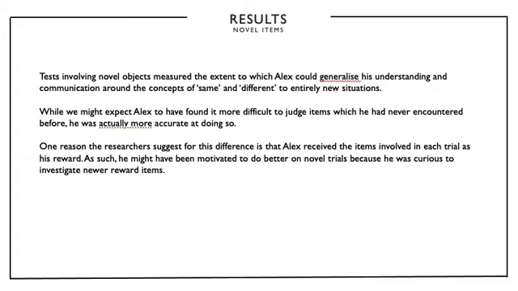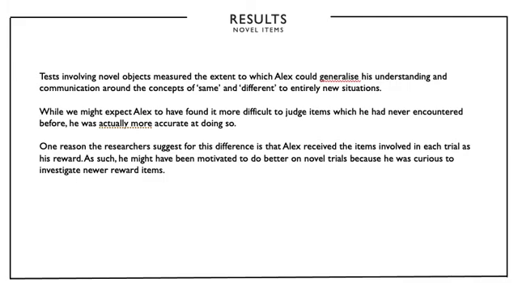One reason the researchers suggest for this difference is that Alex received the items involved in each trial as his reward, right? So if he got it correct, he would be given that. As such, he might have been motivated to do better on novel trials because he was curious to investigate new reward items. So he's seeing this pom-pom for the first time. Obviously, he would want to get it right. He would want to experience the pom-poms. He would want to get it. So that's why he was more motivated to get it right.